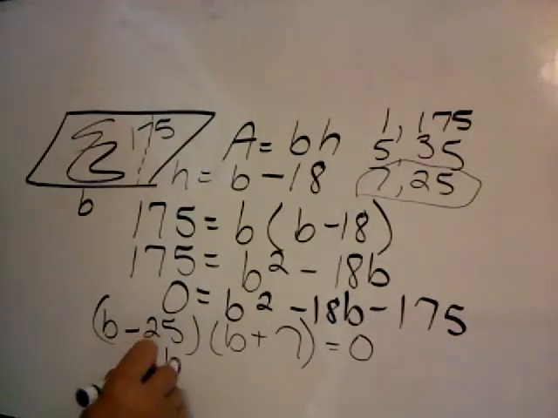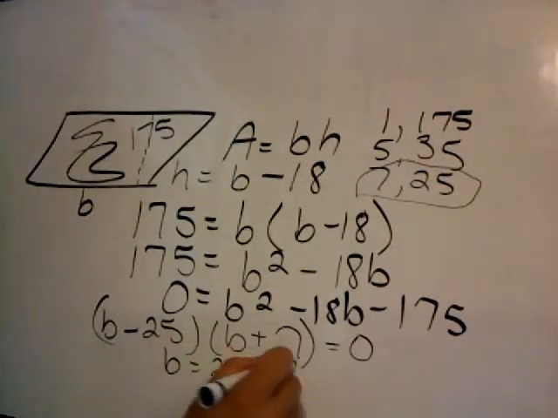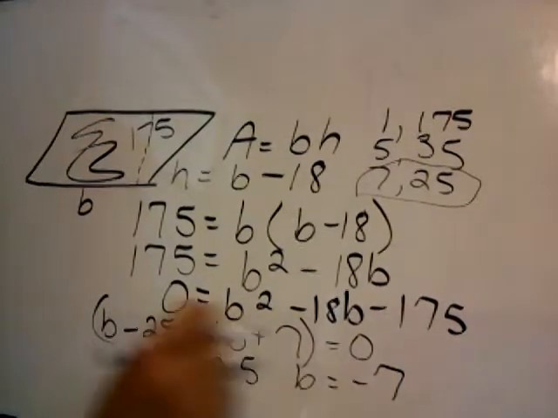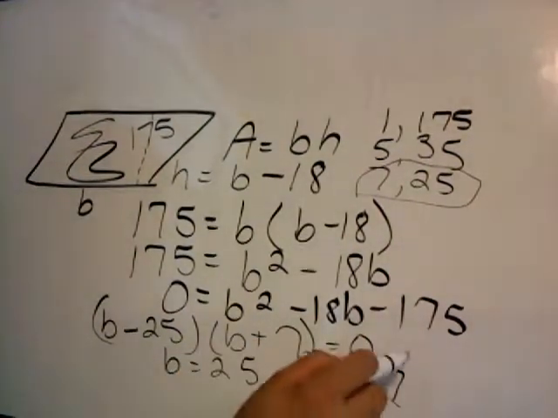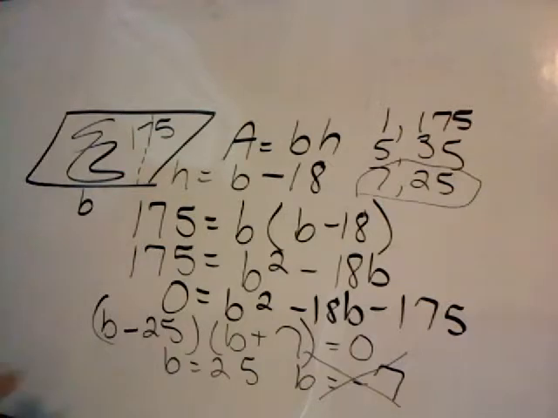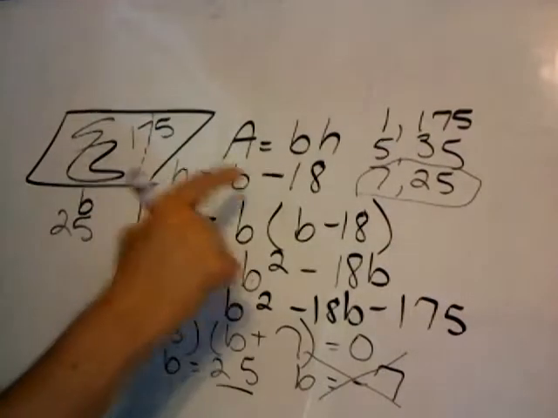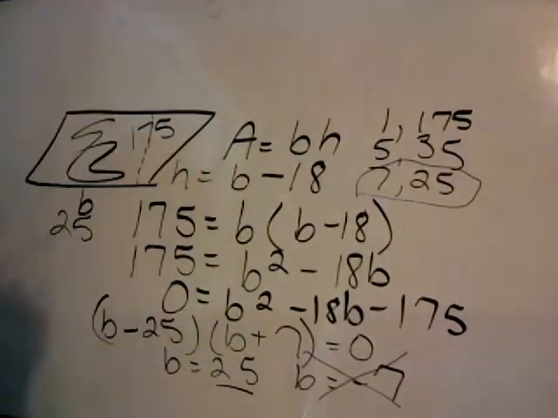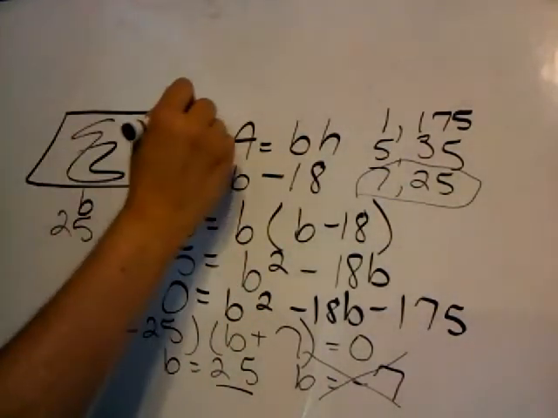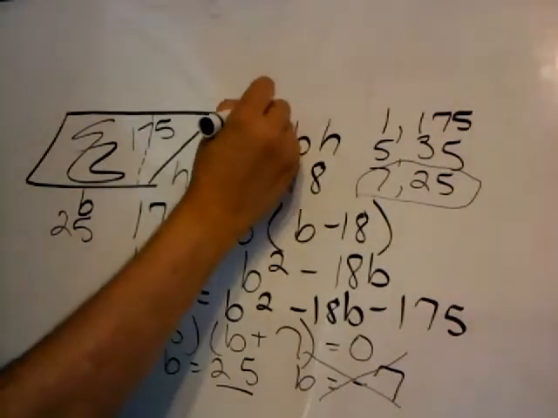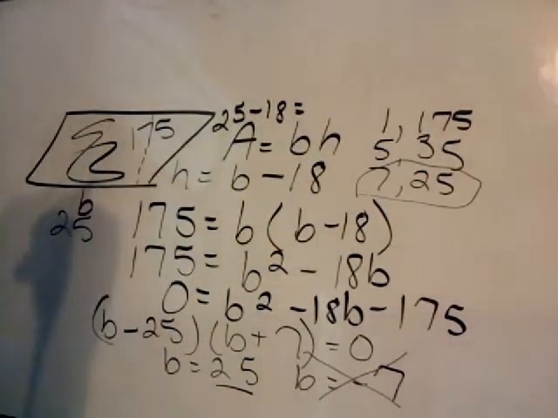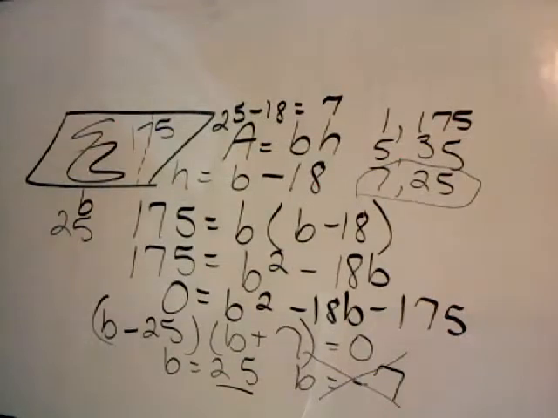I'm left with B equals 25 and B equals negative 7. Again, we are not going to use negative for length, width, height, or base. So now I know my base is 25. Then they want me to subtract 18, which is 25 minus 18, giving me a height of 7.